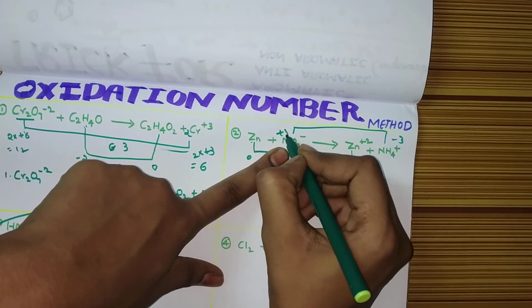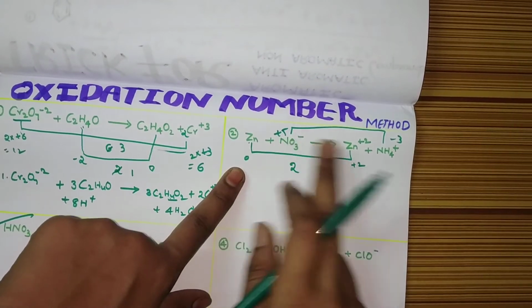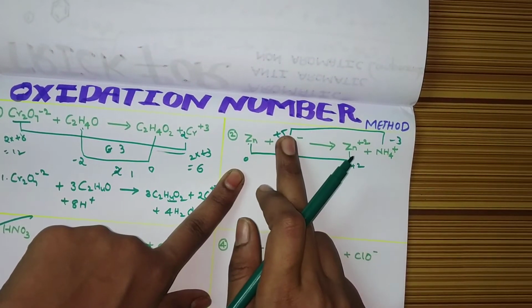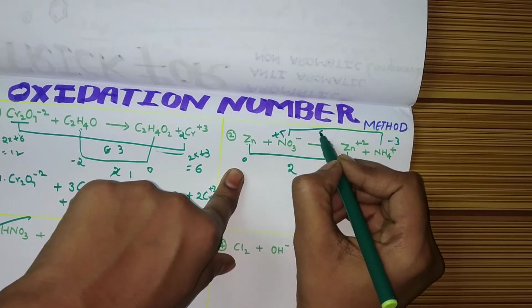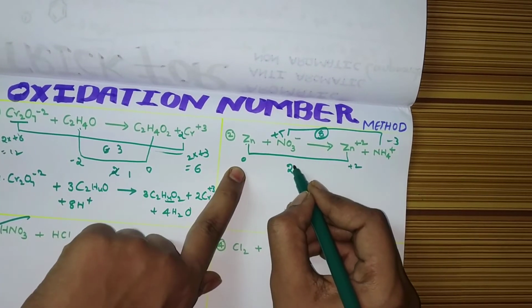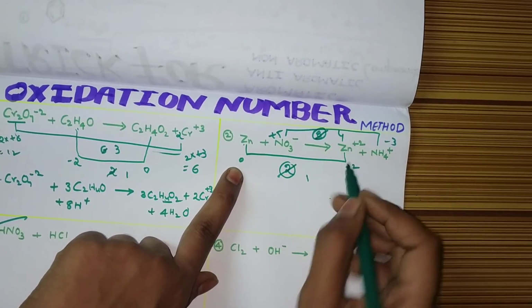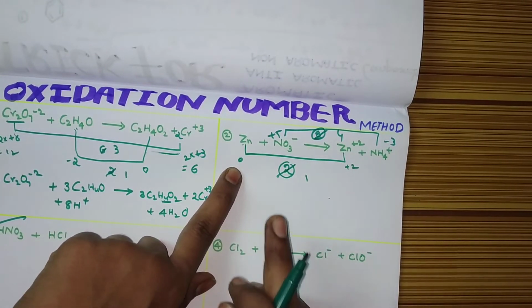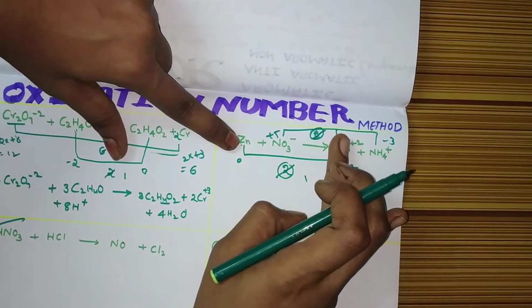Here +5, here -3. Plus 5 minus 3, total 8. 8 is the difference, right? So take the small ratio, 2 ones, 2 fours. So this is 1 and this is 4.